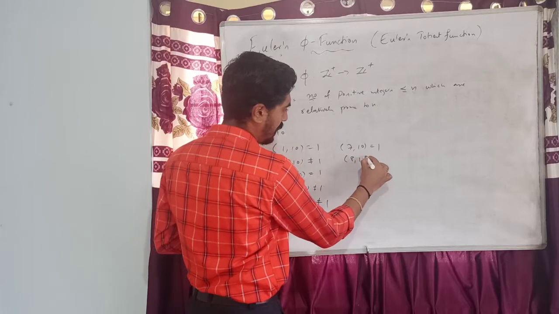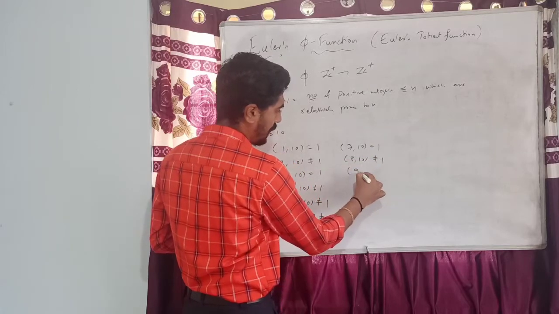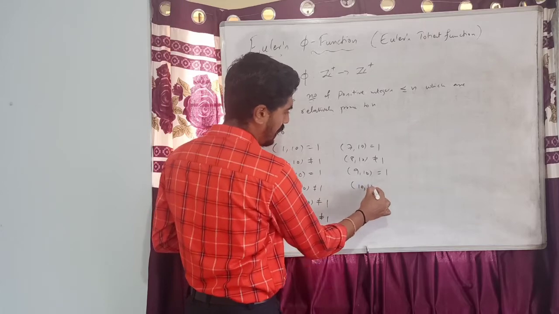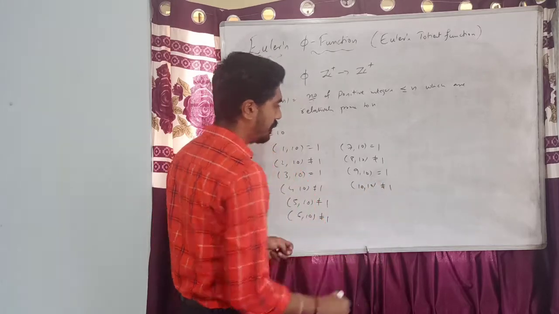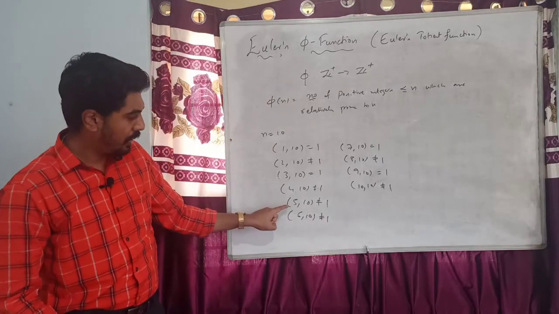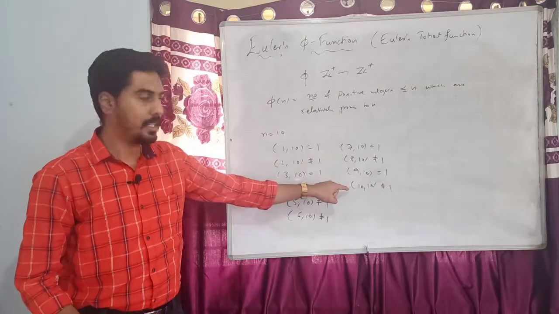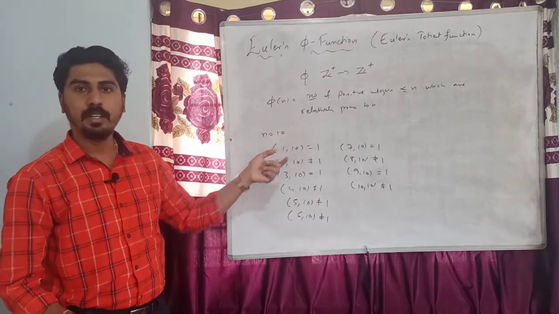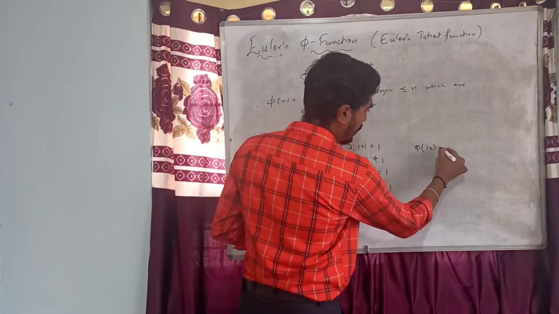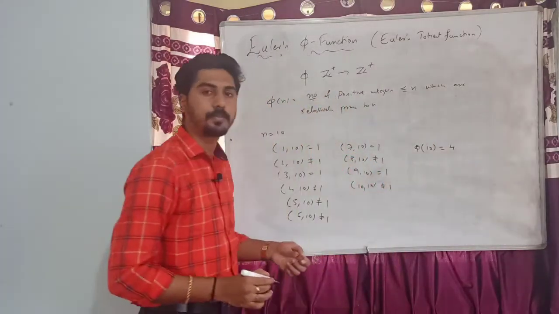GCD of 8 and 10 is not equal to 1. GCD of 9 and 10 is equal to 1. GCD of 10 and 10, which is 10, not equal to 1. So for 1, 3, 7 and 9, the GCD with 10 is equal to 1. So phi of 10 is equal to 4.